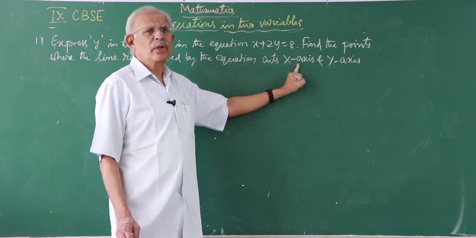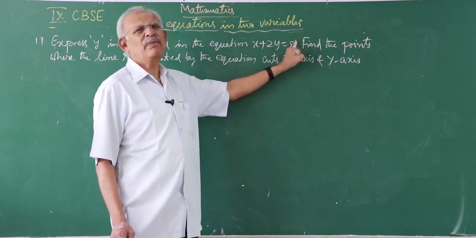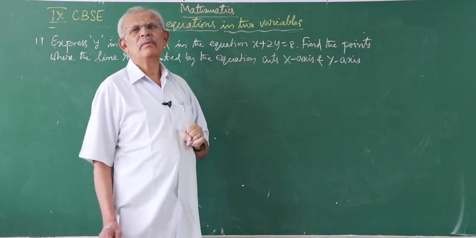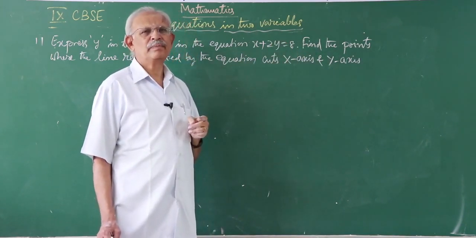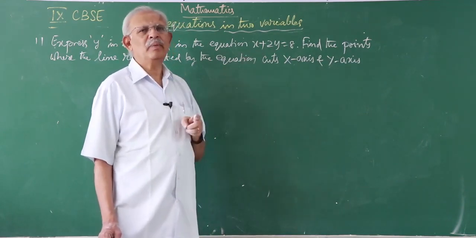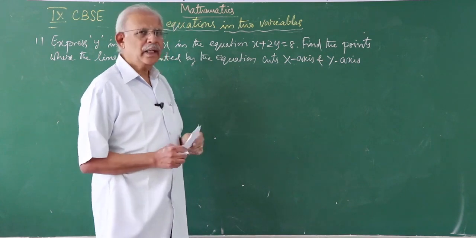Where x-axis is going to be cut by the graph of this equation and where y-axis is going to be cut by that equation. That is by the graph. I have told you that the straight line will be the graph. Look here.